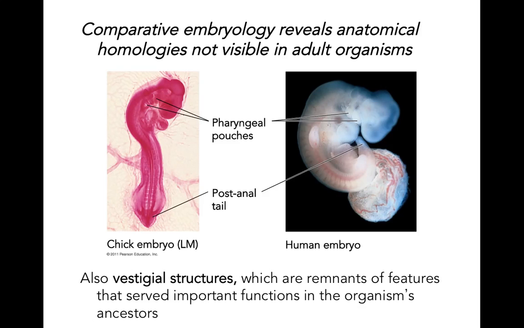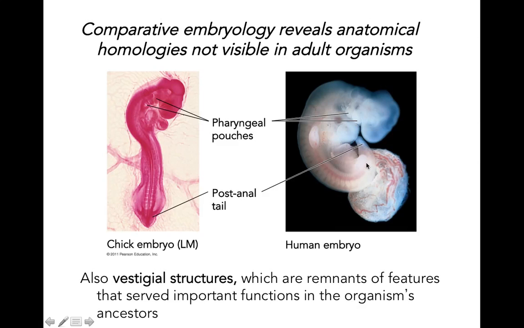Well, it disappears as you were developing in utero. You used to have a tail, but you absorbed it, and you still have that bone in your pelvis. You have your coccyx, which has articulation points for muscles that our ancestors would have used to control their tails. And chickens still have tails, so they don't lose that postanal tail.